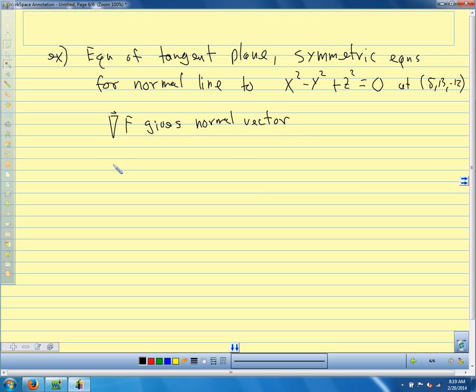So we find our gradient. So del f, in this particular case, is 2xi minus 2yj plus 2zk. Okay? And at this particular point, at 5, 13, negative 12, we get the vector del f is going to be 10i minus 26j minus 24k.